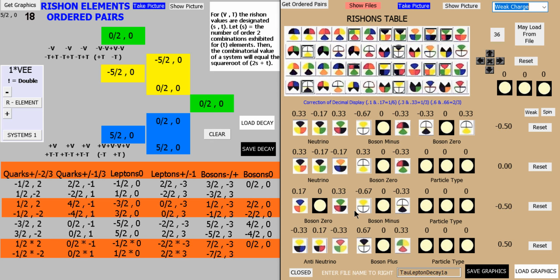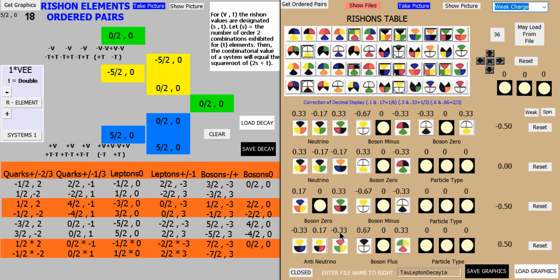But on the boson minus, we have minus 1/3 and minus 2/3, which is minus 1. Summed with the 1/2, we get a minus 1/2 weak charge on the vector W boson, which would be indicated by the standard model because it's the minus 1/2 that was carried away in the decay process.